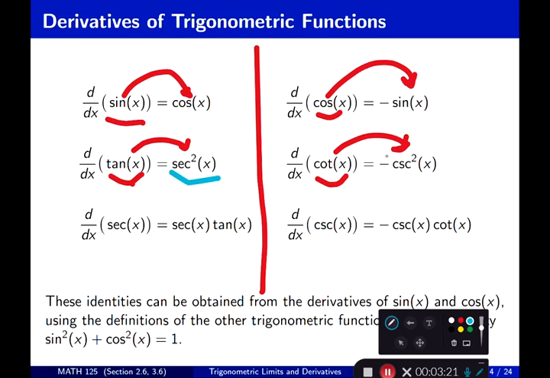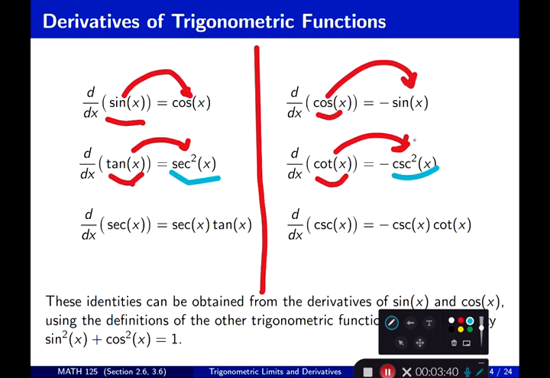Cosecant of x and secant of x are co-functions. So if the derivative of tangent of x is secant squared of x, then derivative of cotangent of x is negative cosecant squared x.